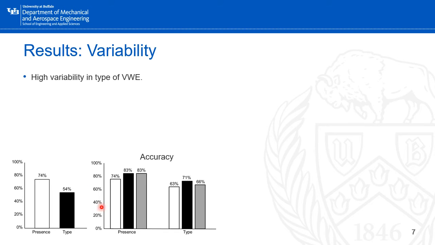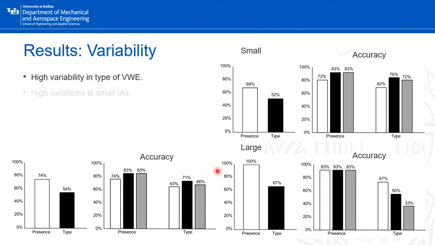The accuracy measures the accuracy of each individual clinician with the expert rater, and you can see that overall there is an 80% accuracy on average for all the clinicians. However, this accuracy reduces in assessing the type of vessel wall enhancement.